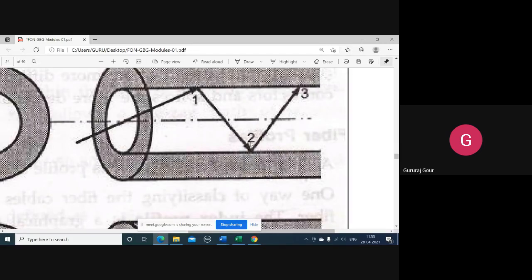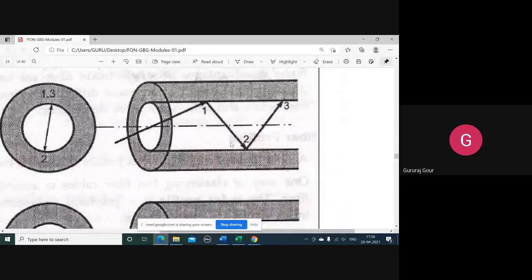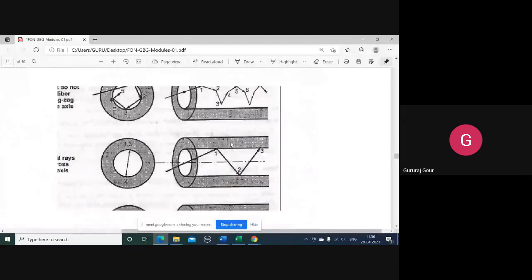It crosses this axis and reaches another point on the opposite side of the wall of the core. Again it will undergo TIR, a second reflection, and reach point 3 on another side of the inner wall of the core. Like that it will continue. This comes under the bounded meridional ray.